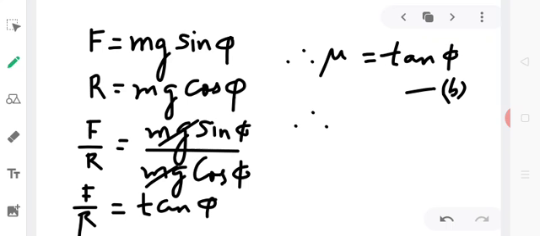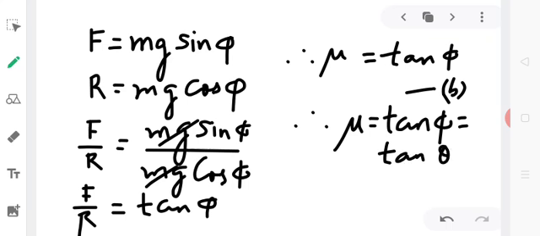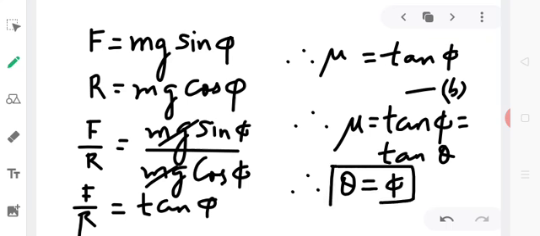So we can write down mu equal to tan of phi, and that is also equal to tan of theta. This can be written by combining equations A and B. So therefore, we can write down theta to be equal to phi. This means that angle of friction is equal to angle of repose.